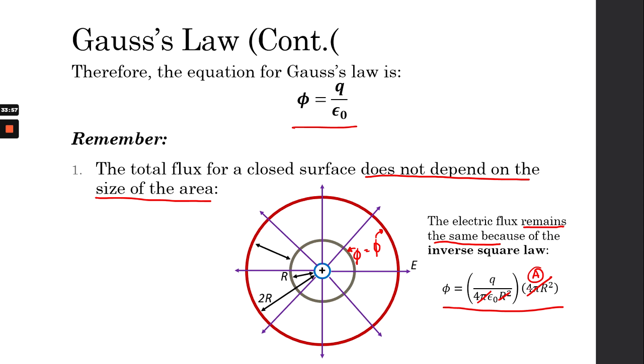So from the equation, you notice that we just cancel the area all over. Meaning the area of your enclosed surface does not affect your electric flux. Okay, so even if I have this sphere right here, and then I increase the surface right here, as long as my charge is not changing, my electric flux remains the same.